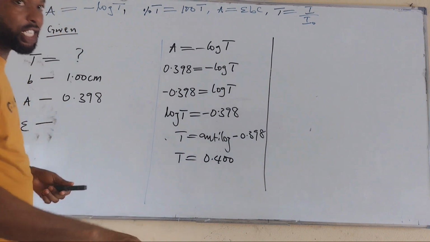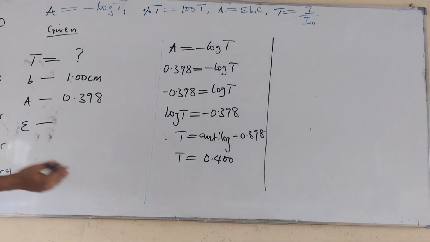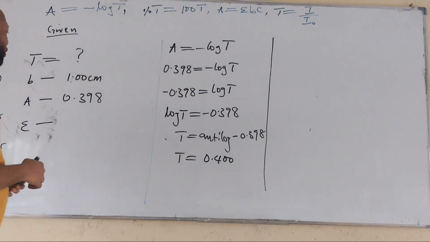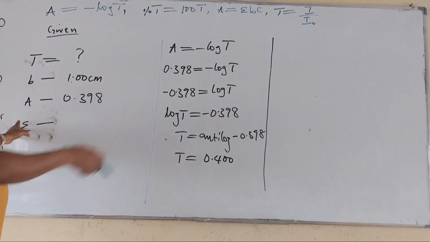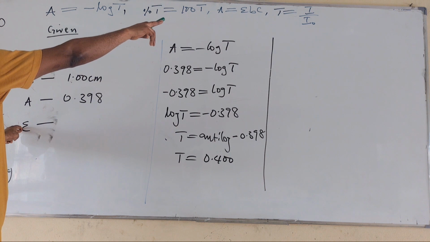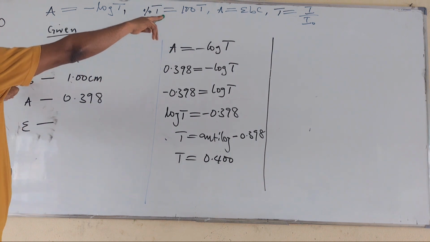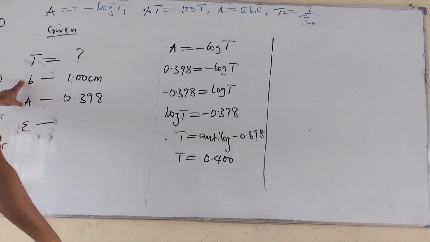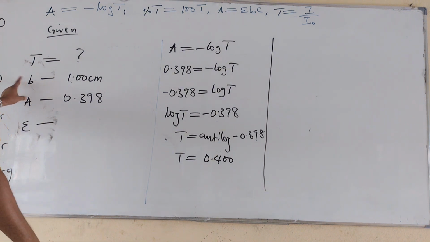They say, what additional information do we need to calculate our epsilon? For us to get this, we are using the formula A equals EBC. We have our B, which is there. We have absorbance, which is here. And C is what we need.